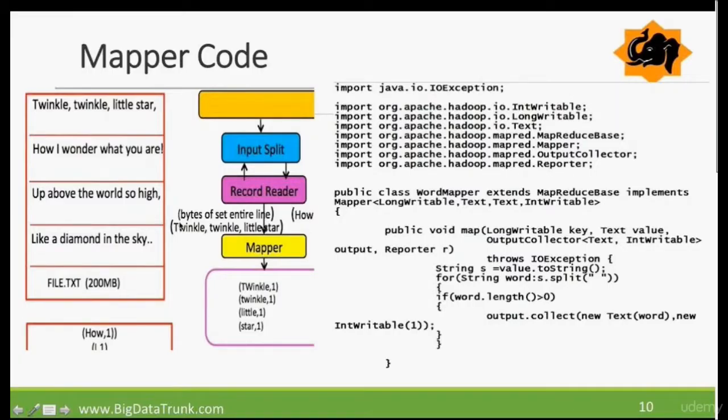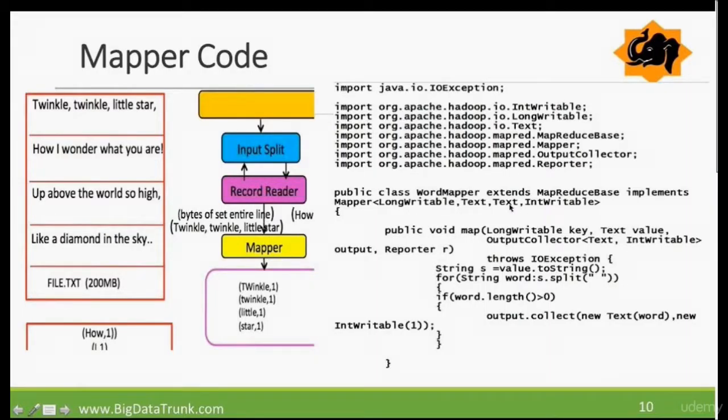It needs a key-value pair, so the input key and input value are the first 2 things. The key is a numerical value because we are just taking a byte offset, and the value is text, because what we are getting is text format of data. That's why we write Text. So you need to understand the first 2 parts are coming right from the mapper's input.